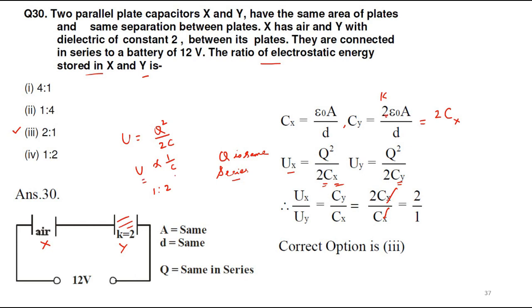Because energy is inversely proportional to capacitance, ratio of energy should be 2:1. So option 3. Same thing only, but given in a very short way, right? So answer is 2:1. Correct option is 2:1.